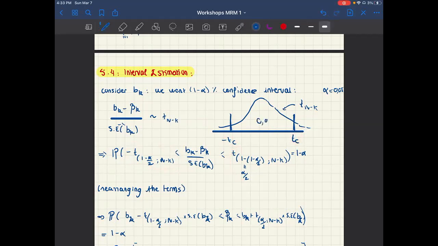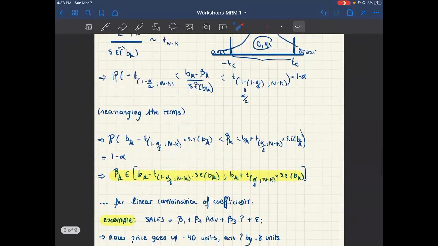And here we have 0.95, 0.025, and 0.025. And the probability that our random variable, which is BK minus beta k divided by the standard error of BK, is in this bandwidth is 0.95, which is 1 minus alpha, which I wrote down here.